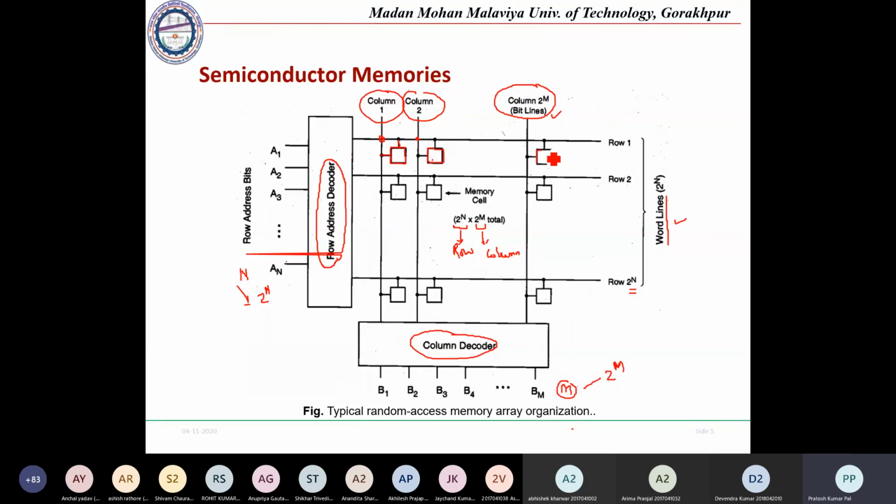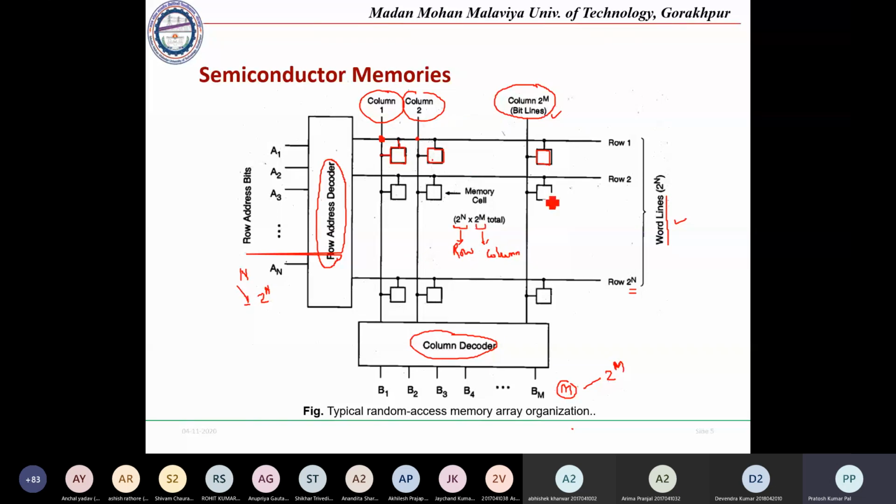Another 1 bit storage will be there in the same way. So in total, this structure can store 2 to the power n cross 2 to the power m number of bits, because each crossing point between a row and a column indicates 1 bit of storage.